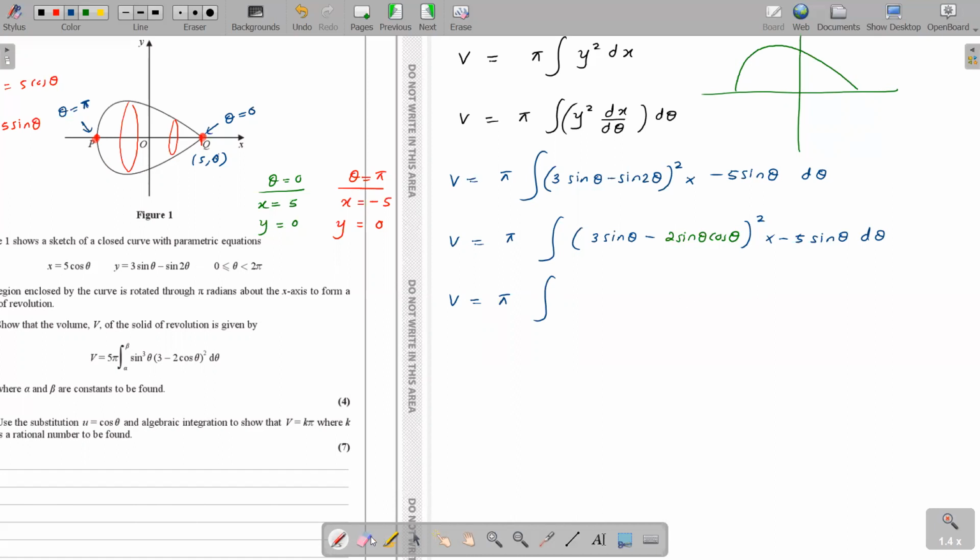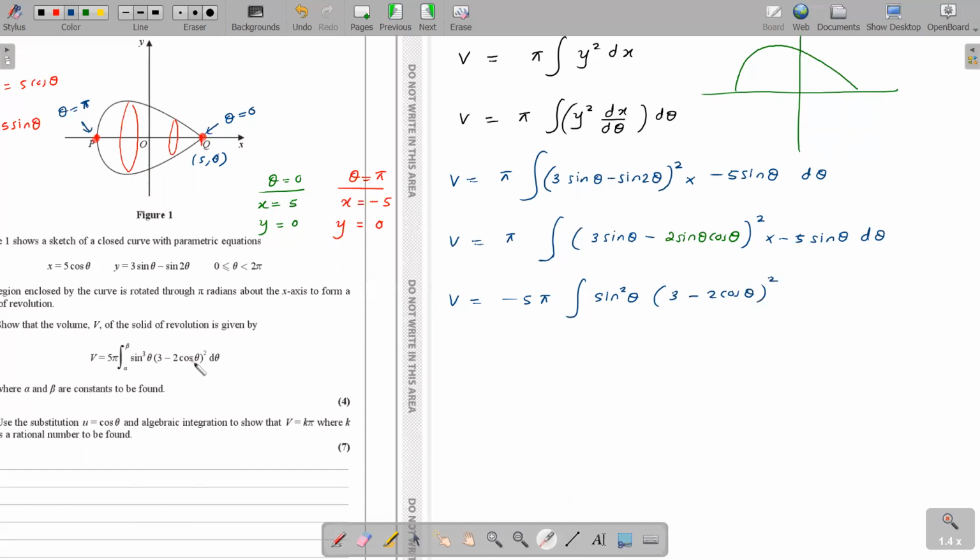Okay, so we'll take the minus 5 out. Minus 5 pi. Can you all open the bracket here? So this becomes 3 sine theta minus 2 sine theta cos theta. I can take sine theta out. And since there's a power 2, it comes out as not just sine, but sine square theta, because there is a power 2 outside. Then what's remaining inside the bracket? 3 minus 2 cos theta, squared.